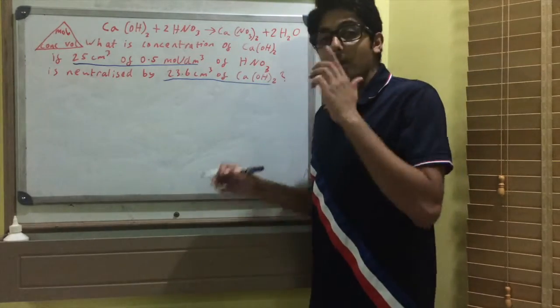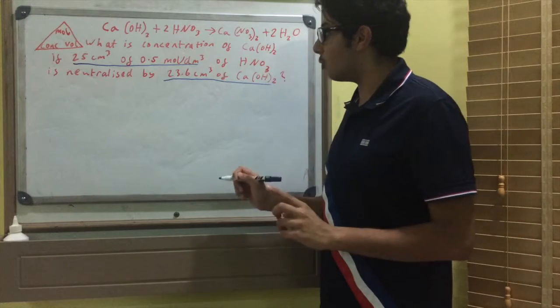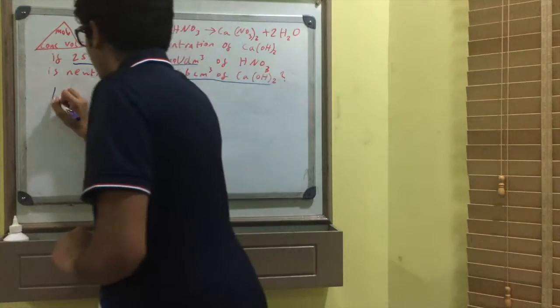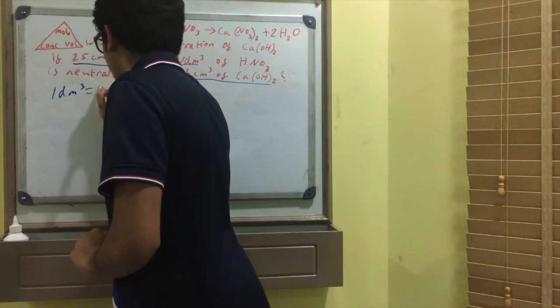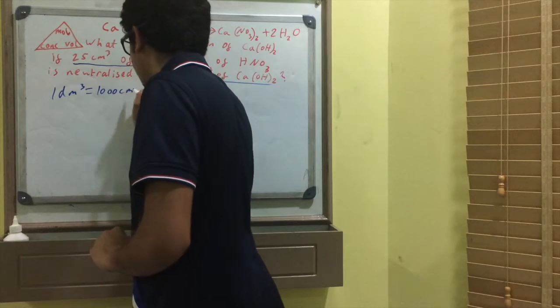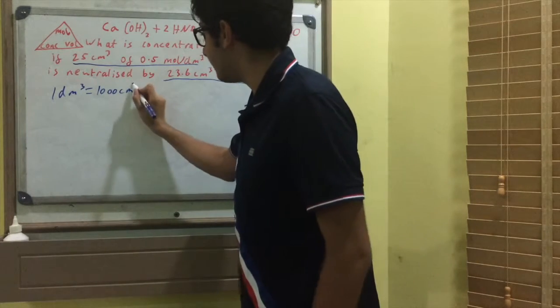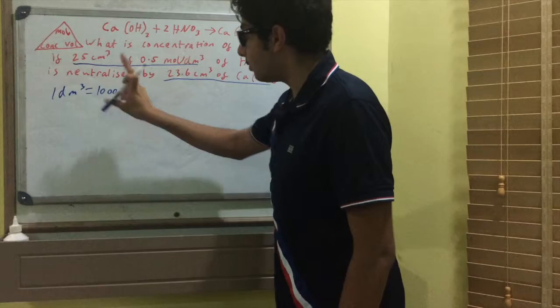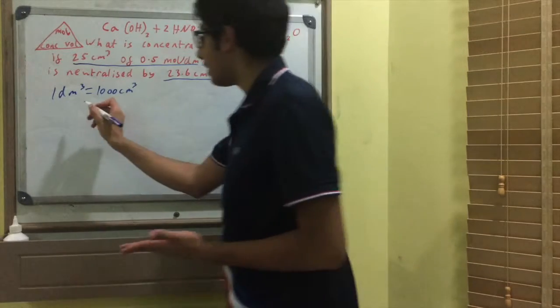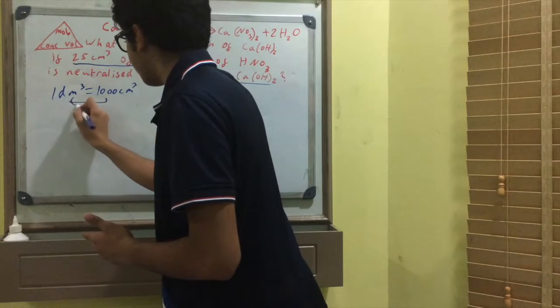First thing we do, convert to decimeters cubed. So 1 decimeter cubed is 1000 centimeters cubed. To get from centimeters cubed to decimeters cubed, we divide by 1000.